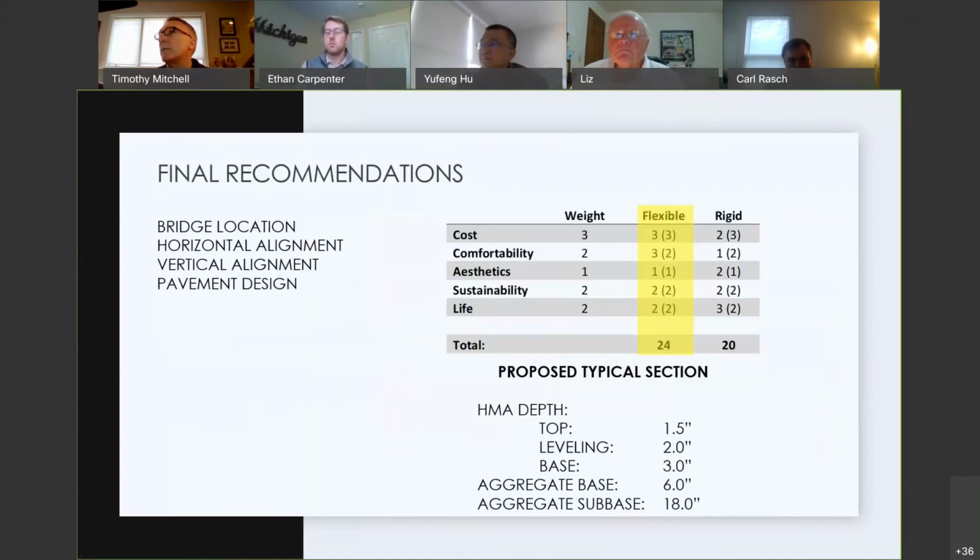So for our roadway, we only have 8% trucks, and our daily volume is 1,425-ish. So using AASHTO's 1993 design guide, that's how we determined our minimum thickness of that 3 inches.